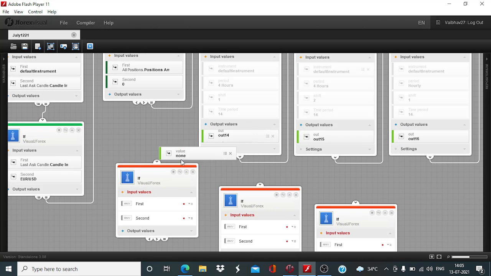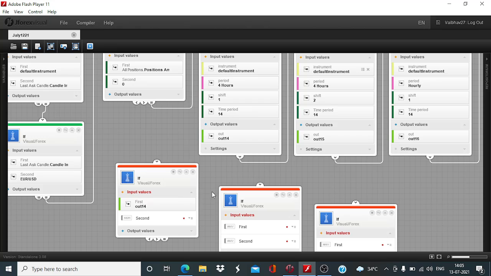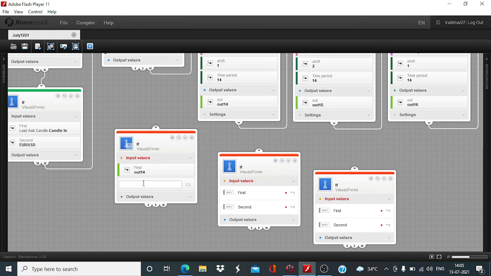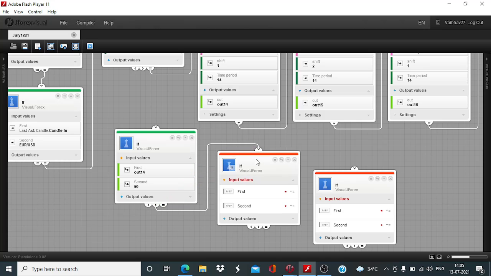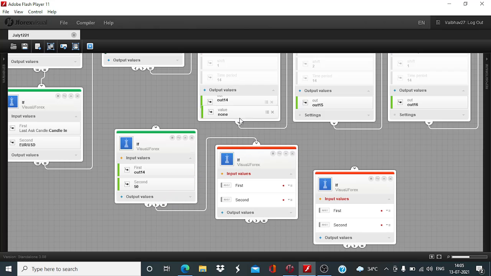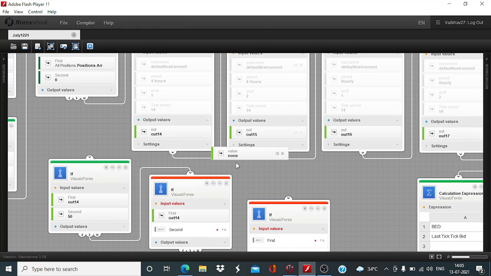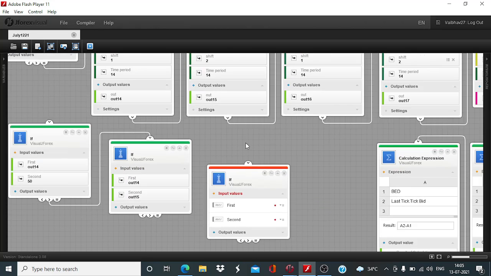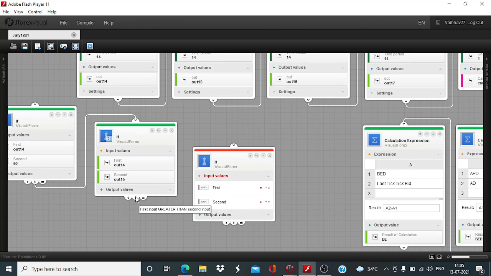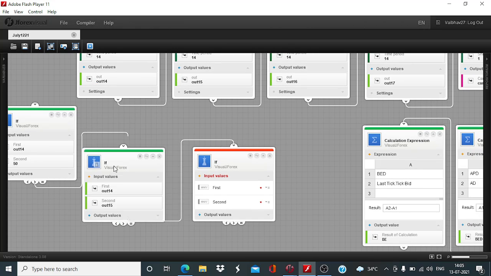RSI output value for last 4 hourly candle. It should be above 50. So first input greater than second input. And it should also be rising. So it should be above the penultimate 4-hourly candle output also. Again, first input greater than second input.